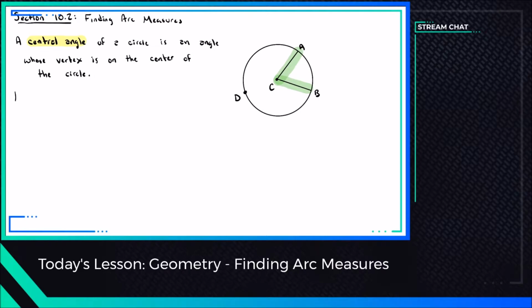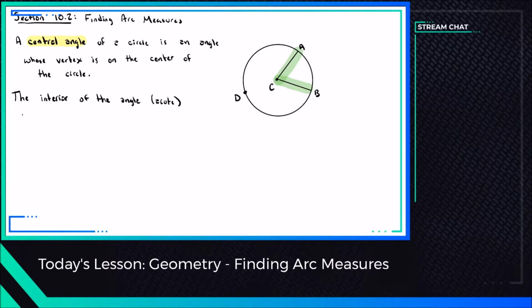And the interior of the angle, and you always know what the interior is because it is the acute side or the smaller side. Like if you have a central angle that's like this, it's going to be the smaller bit.